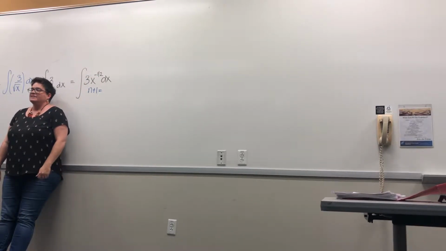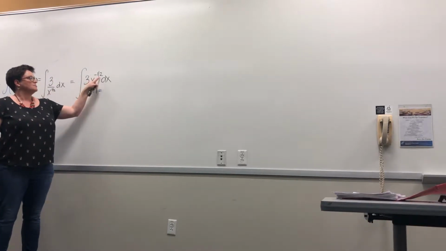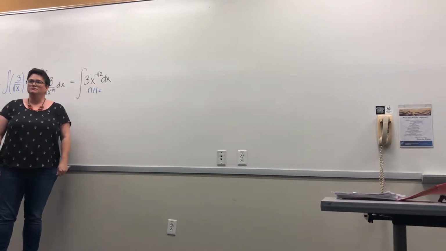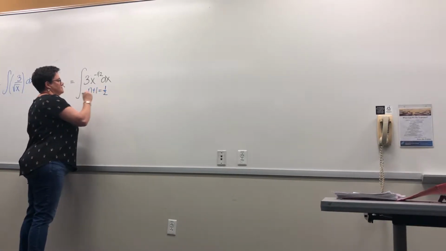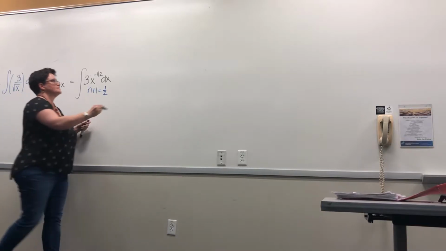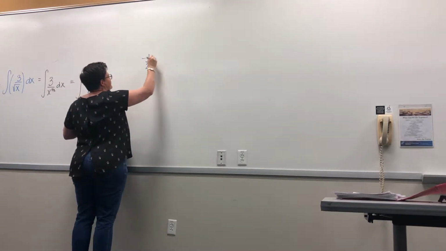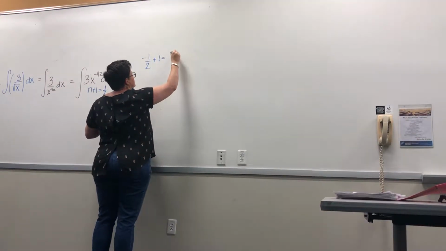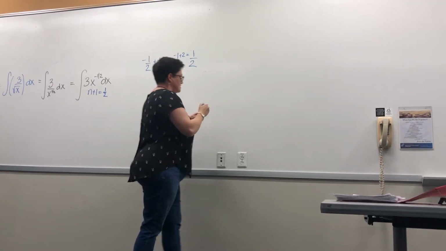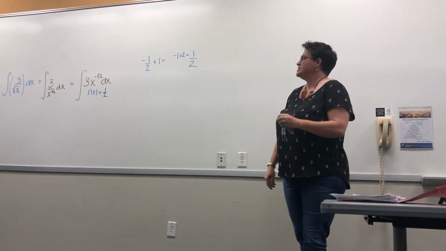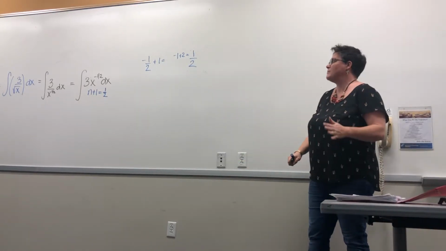Do you want to guess what the cheat is when you're adding one? It's top plus bottom. So what's negative 1 plus 2? The denominator stays the same. So negative 1/2 plus 1 equals negative 1 plus 2 over 2, which is 1/2. Denominator stays the same. So now we're adding instead of subtracting.